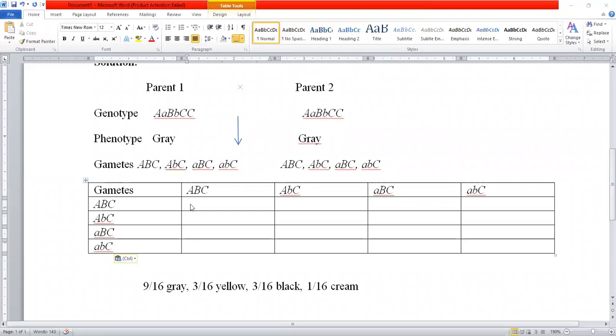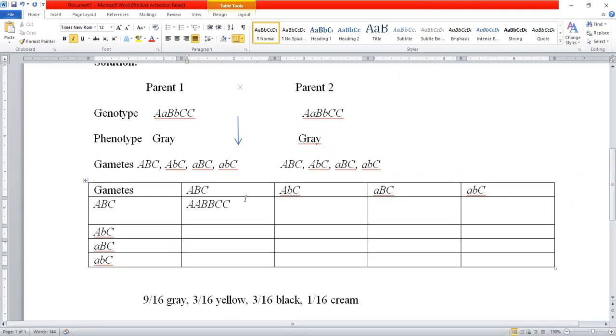So this would be capital A, capital A, capital B, capital B, and capital C, capital C: the capital A from this parent and the capital A from this parent, capital B from this parent and capital B from this parent, capital C from this parent and capital C from this parent. Similarly, write the phenotype now. Because capital A, capital B and capital C are present, the phenotype would be gray.